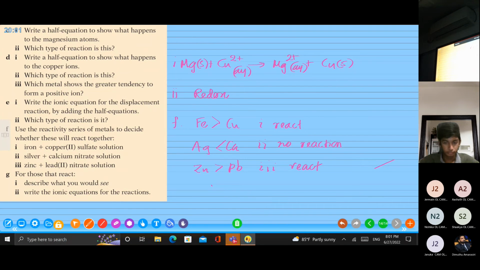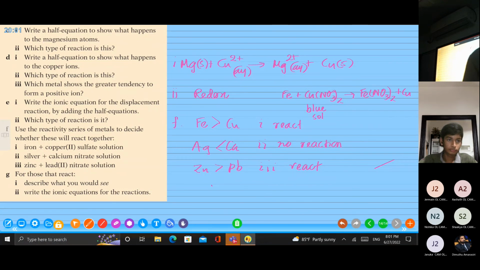Describe what you would see from each reaction. First, iron plus copper nitrate. What's the color of copper nitrate solution? Blue. So this is a blue solution, and it will become iron nitrate and produce copper.